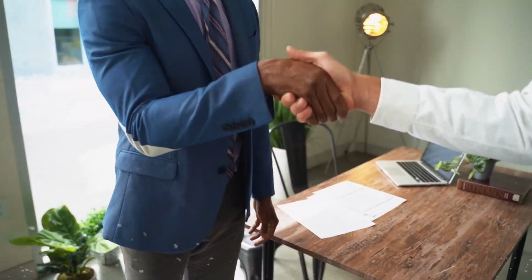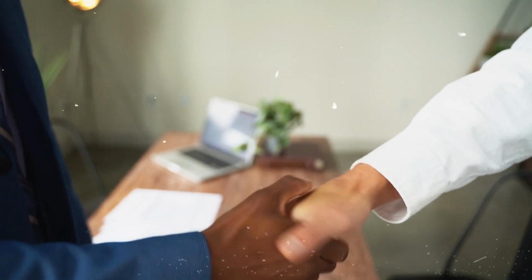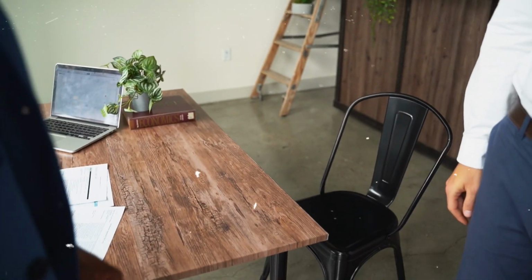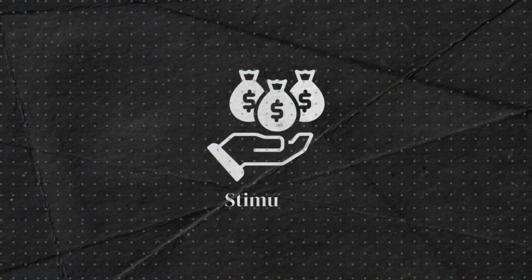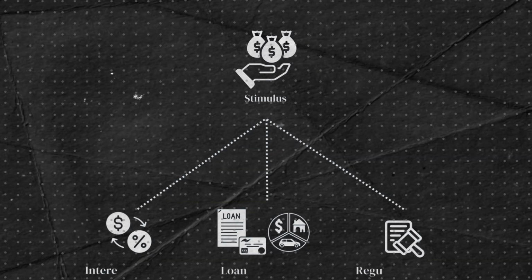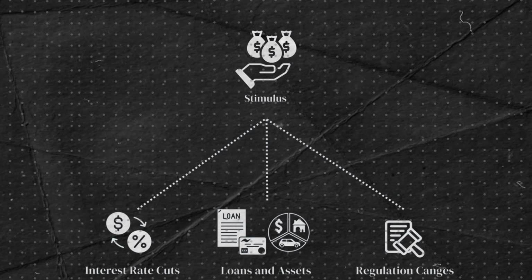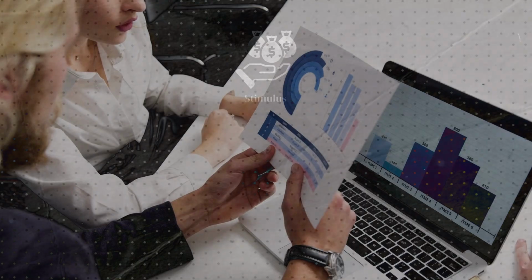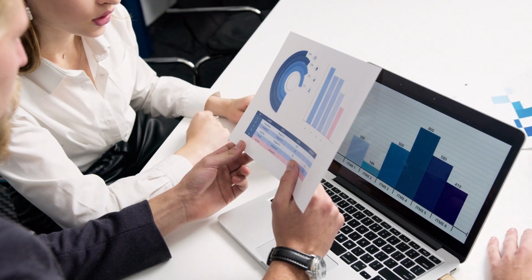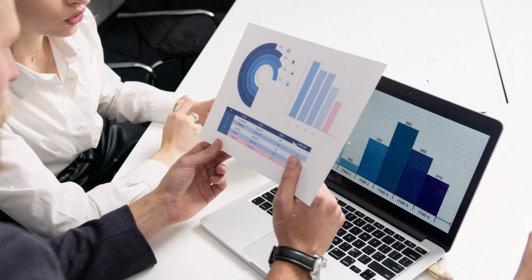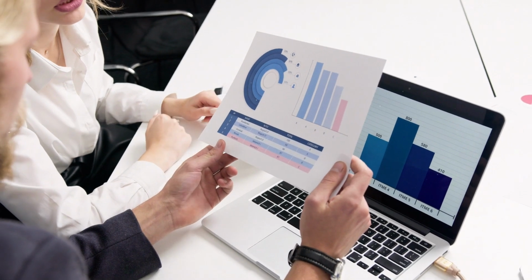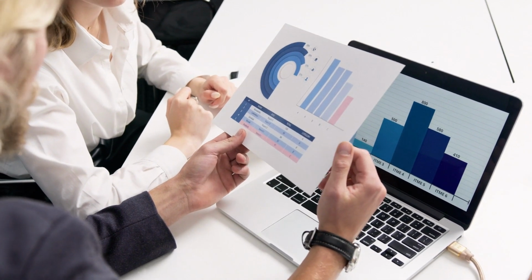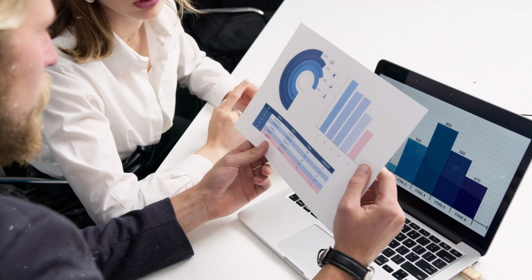Now to the implemented fiscal stimulus. The Fed's stimulus measures fell into three basic categories: interest rate cuts, loans and asset purchases, and regulation changes. In the case of the loans and asset purchases, they came in as general purchases made as part of quantitative easing and repurchase operations where the Federal Reserve buys assets directly.